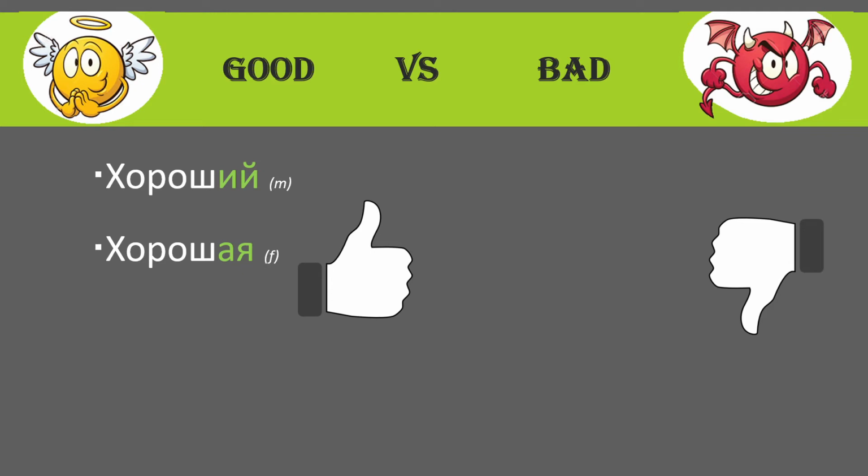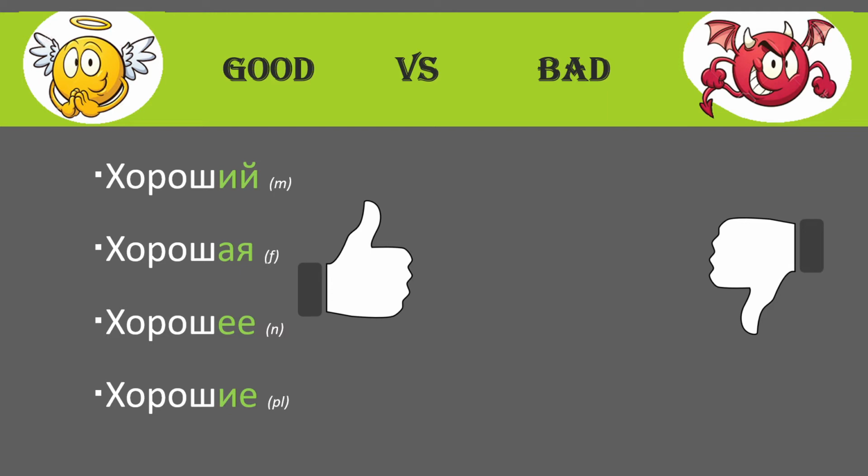So we've got хороший, хорошая, and then for neutral, хорошее. And finally, plural, хорошие. So make sure you can hear that subtle difference between neutral and plural. Хорошее and хорошие.